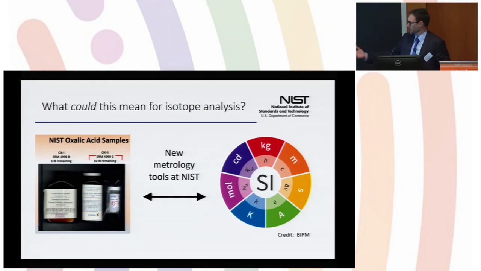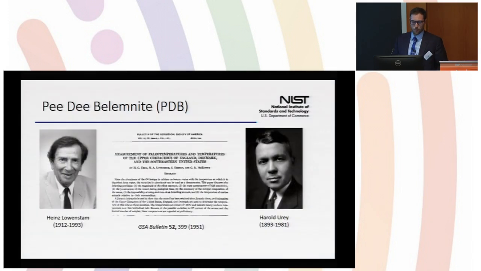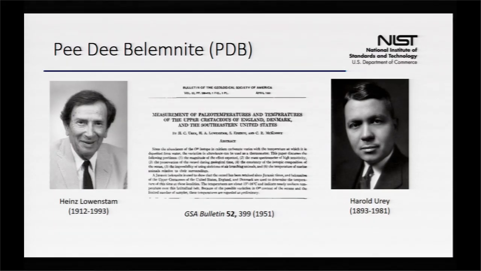How can we connect these physical artifacts with the new SI? As another example, I always like to share this story of, we saw the oxalic acid artifacts for radiocarbon. This is sort of the origin story for the PDB or Pee Dee Belemnite reference material, which is used to underpin the delta 13 scale that Edgar introduced, as well as delta 18O.